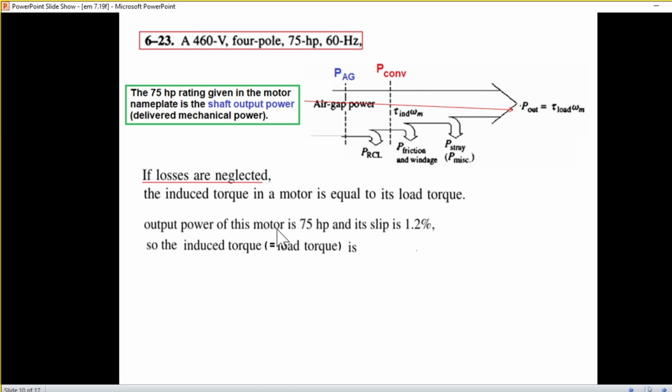The output power is 75 HP and slip is 1.2 percent. So the induced torque, which is also equal to load torque, is P induced, P converted over omega. You can see this formula from here. T will be P over omega, P converted over omega or P out over omega, same thing.